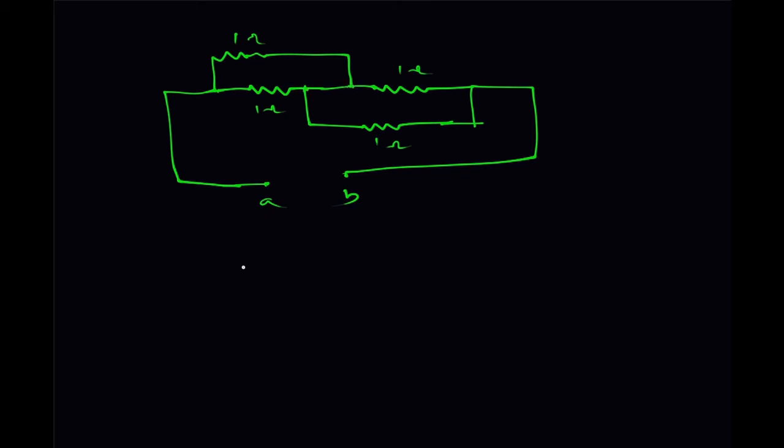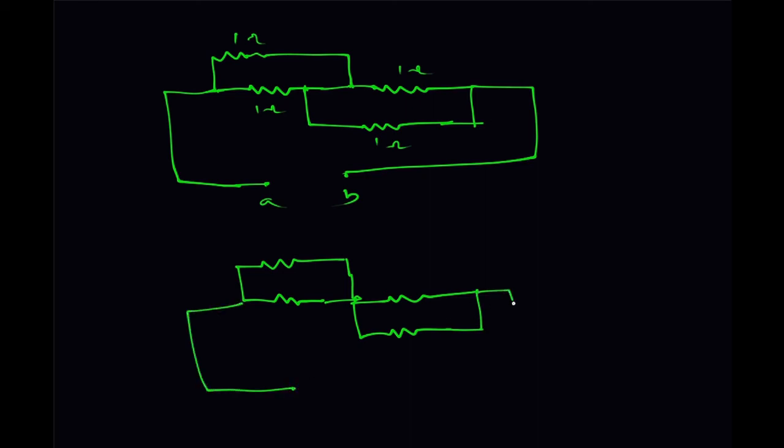Merging these 2 points, the circuit will be reduced to this: this is point A and this is point B. Now by merging this, the circuit reduces to this one. So this is the junction point. Now these two are in parallel.